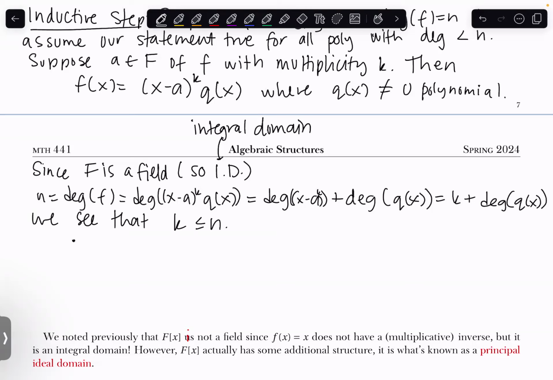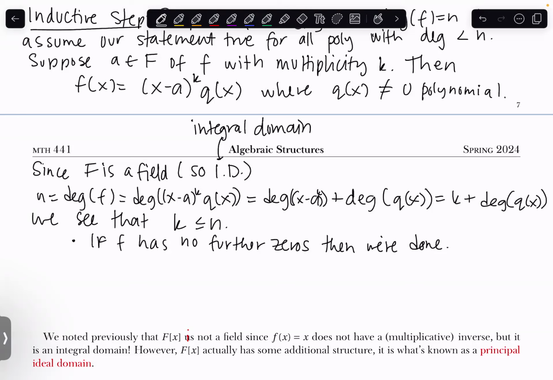Okay, so if f has no further zeros, then we're done. Because then f has exactly one zero with multiplicity k. So up to multiplicity, I have k zeros, which is less than or equal to n. So it does satisfy my corollary here.